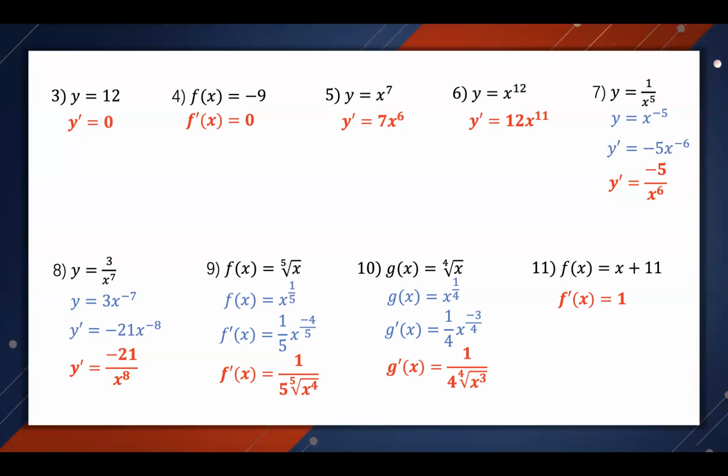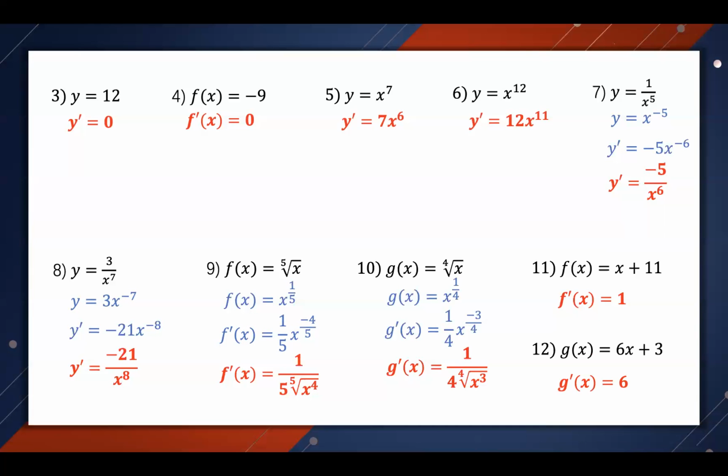For number 11, we could use the sum and difference rule, the constant rule, and the power rule. So f prime equals 1. And g of x equals 6x plus 3, by using the constant rule, power rule, and the sum and difference rule.